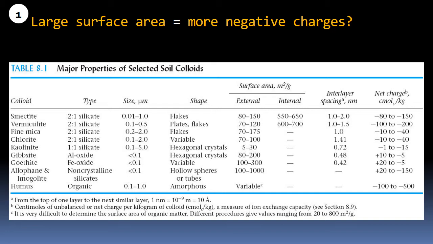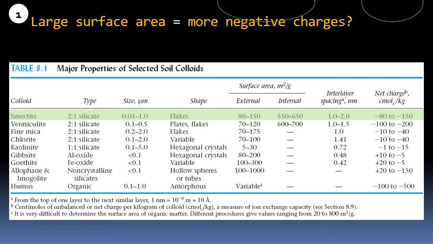It shows you the size, the shape, and the surface area. Some of them have internal and external surface area, some do not, and it shows the interlayer spacing and the negative charges.